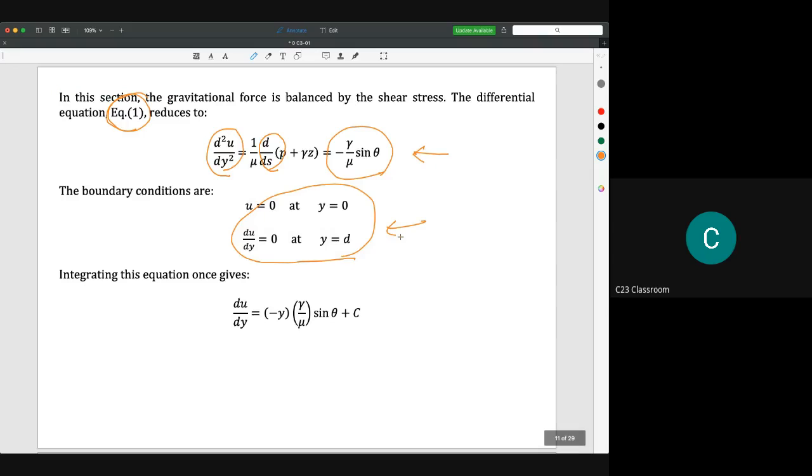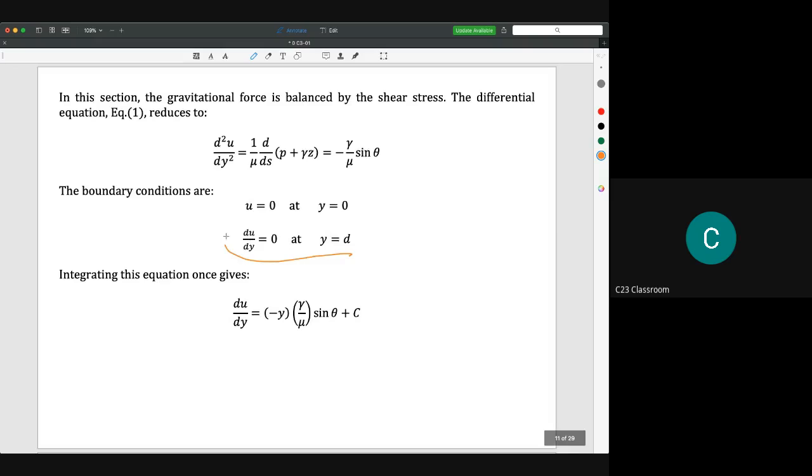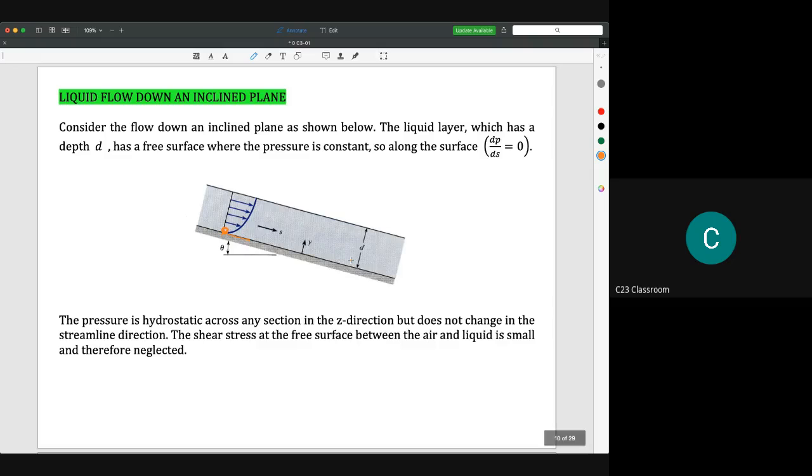For this one, for example, the first condition might be straightforward. You could imagine that at y equal to 0, u is equal to 0. It's quite straightforward. And then, as you asked me, why do we take du/dy equal to 0 at y equal to d? At y equal to d here, the velocity is equal to the capital U, the free stream velocity.